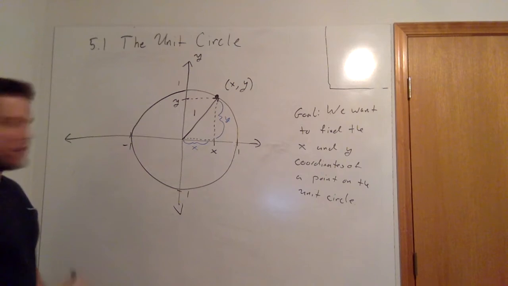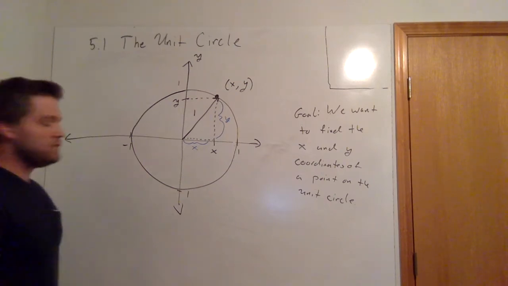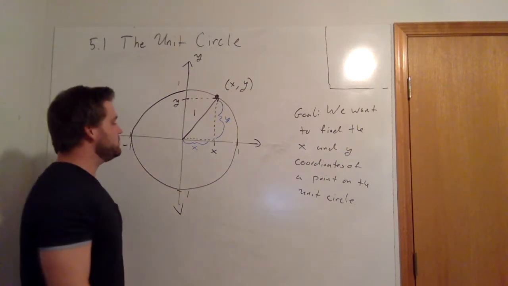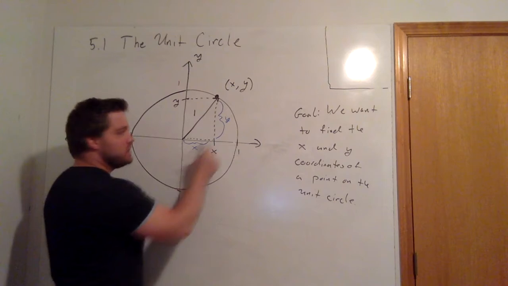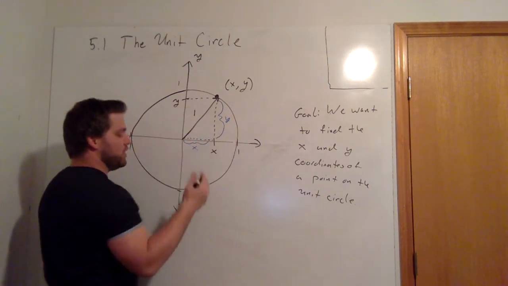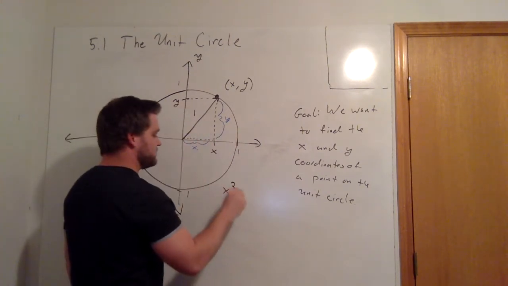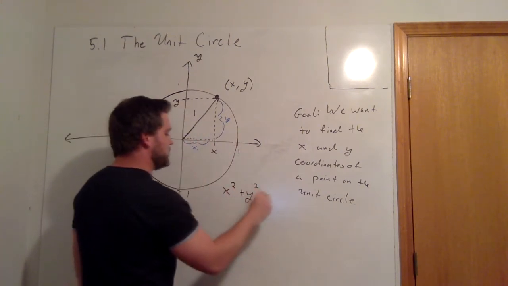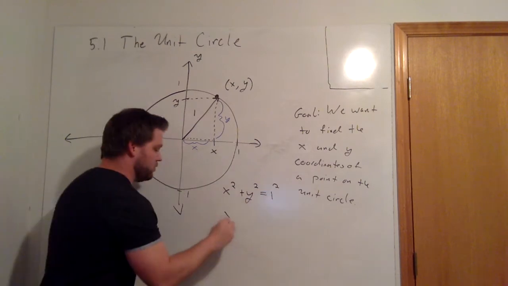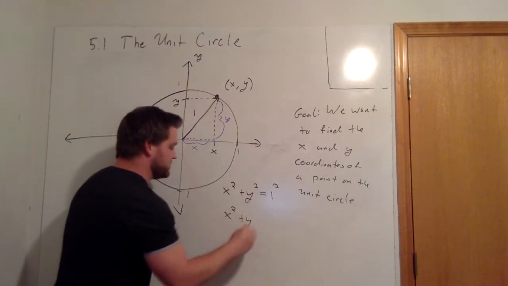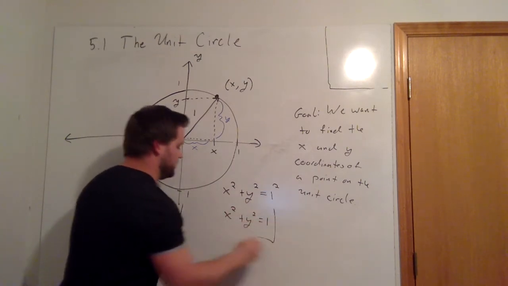So what must be true about any single point on the unit circle? Well, if we think about the Pythagorean theorem, we must have that x squared plus y squared is equal to 1 squared, or x squared plus y squared is equal to 1. We need to remember this.